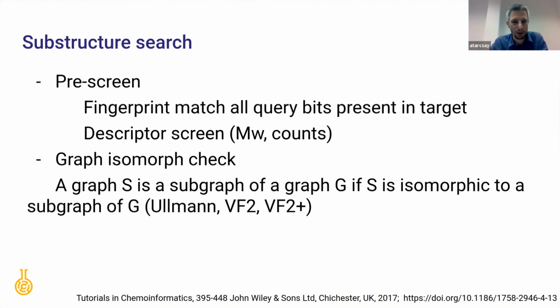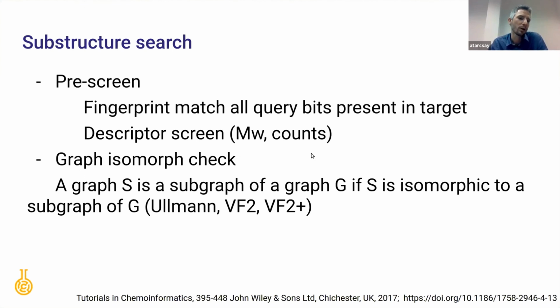The other way to surf in this large set is substructure searching, when you want to collect the molecules that have a chemical moiety. Substructure searching also applies a pre-screening with linear hashed fingerprints, fingerprint match, and also descriptors like the molecular weight or different counts are equivalent.